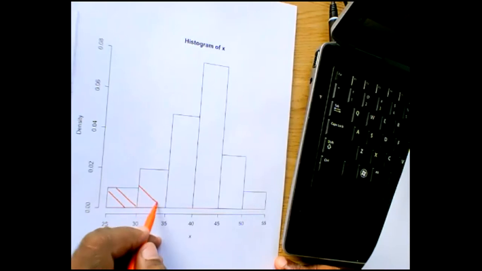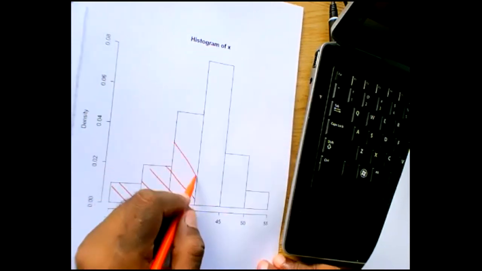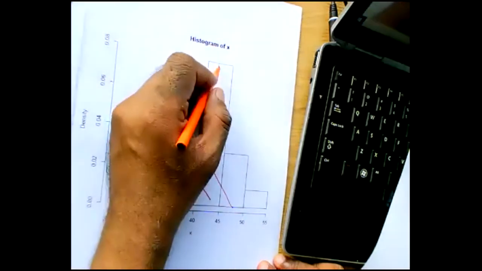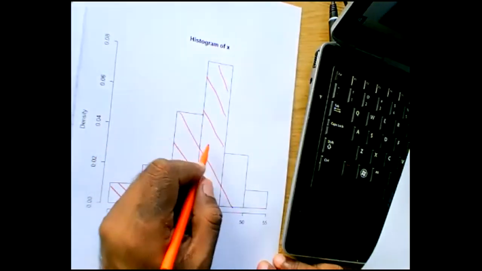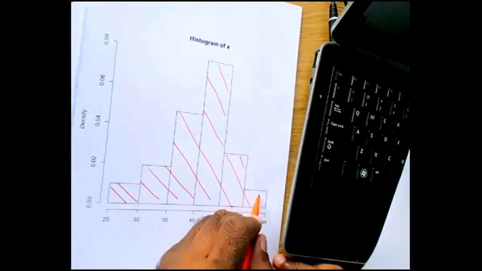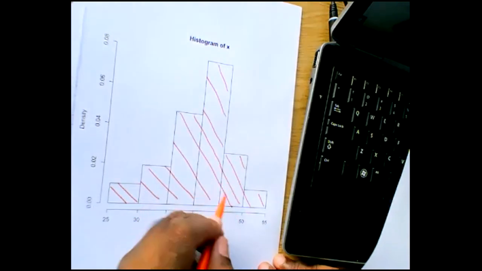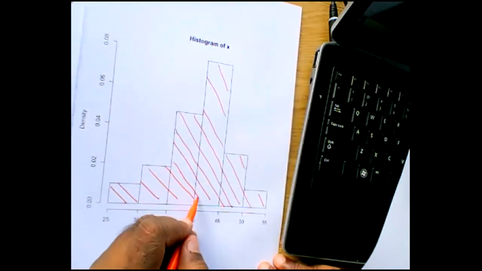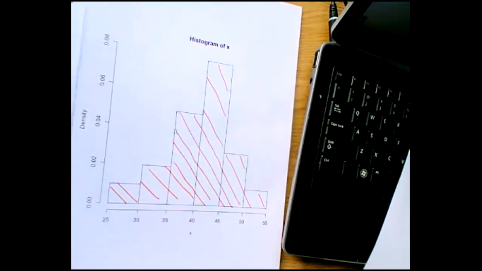By definition, the area below the density must be equal to 1. So all the area below the density must add up to 1.